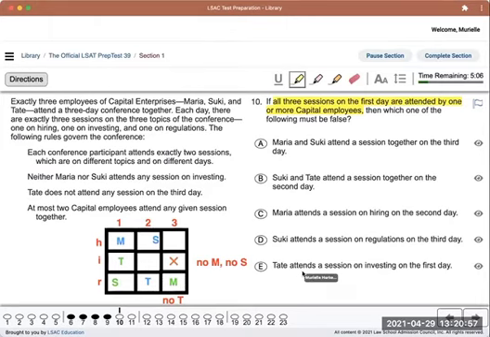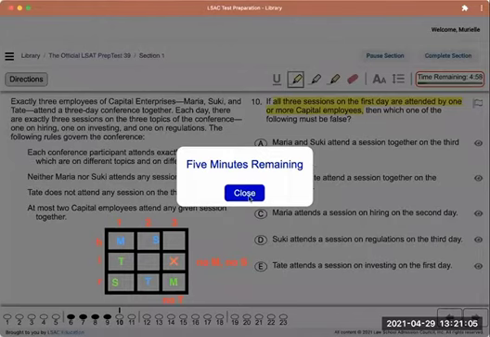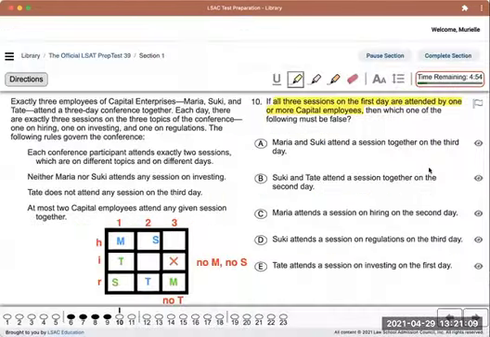Okay. So M and S attend a session together on the 3rd day. Okay. So M and S attending a session together on the 3rd day is not going to work because then we would end up having them twice, right? So that one must be false. A is the correct answer.